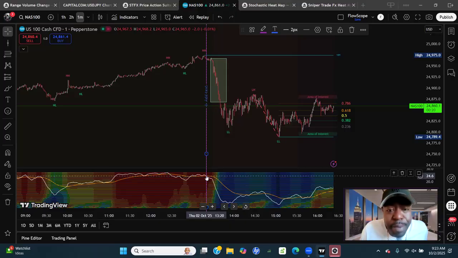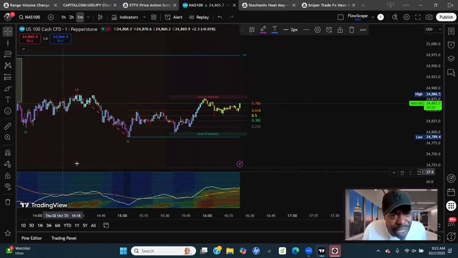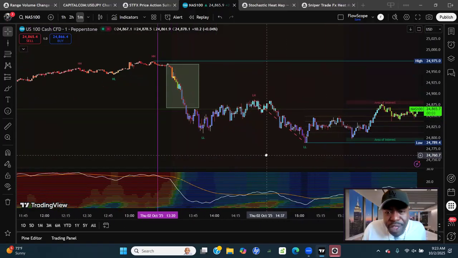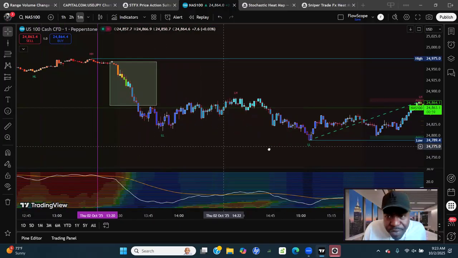Okay. Now, we talked about the EMAs and the heat map. Red means sell, and then when you're down here in the blues, you want to be looking for buys. Very simple. If you spread out these candles, you will then see that the candles match the color of the heat map.